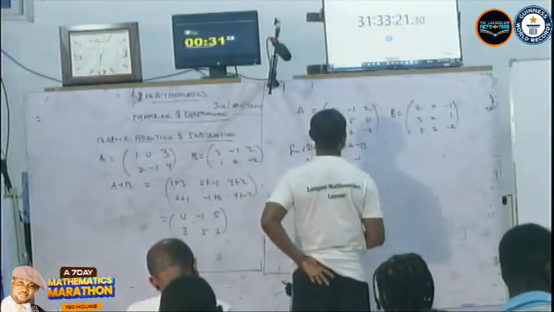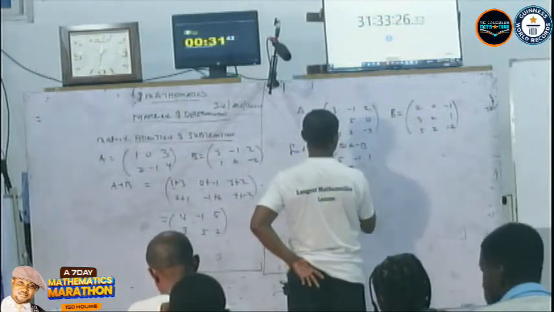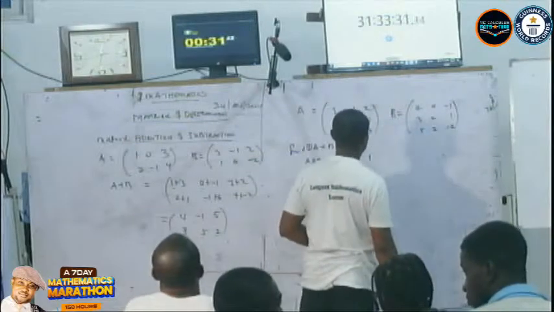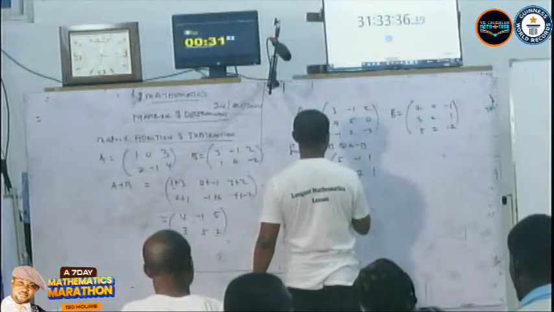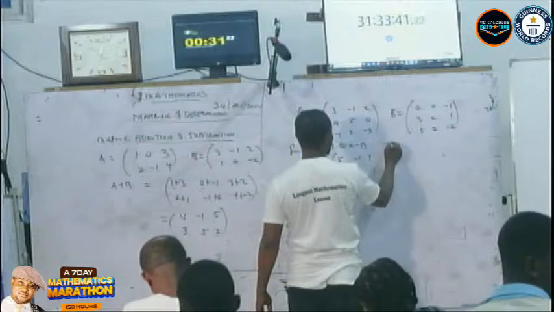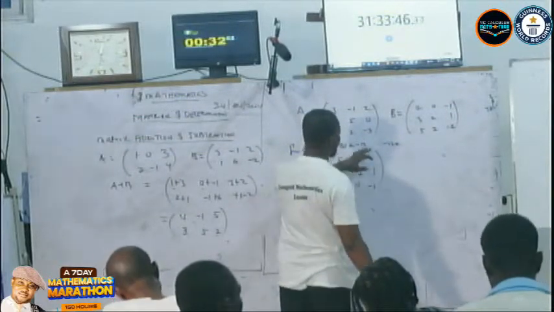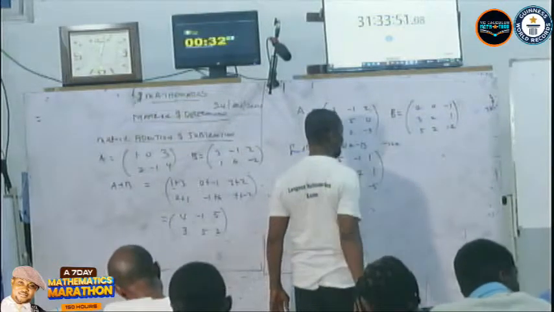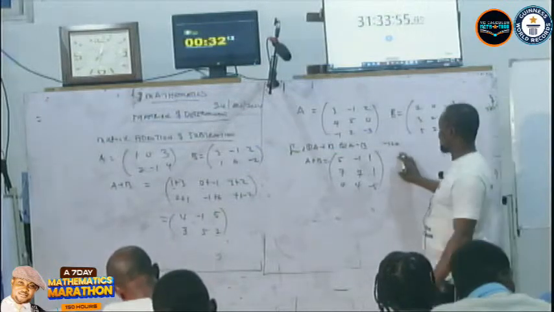Minus 1 plus 2, that will be 1. 4 plus 3 will be 7. 5 plus 2 is 7. This is 1. This is going to be 4. Minus 3 plus 2 will be minus 1. If you add up this, that will be minus 5. So that's for addition of matrix.